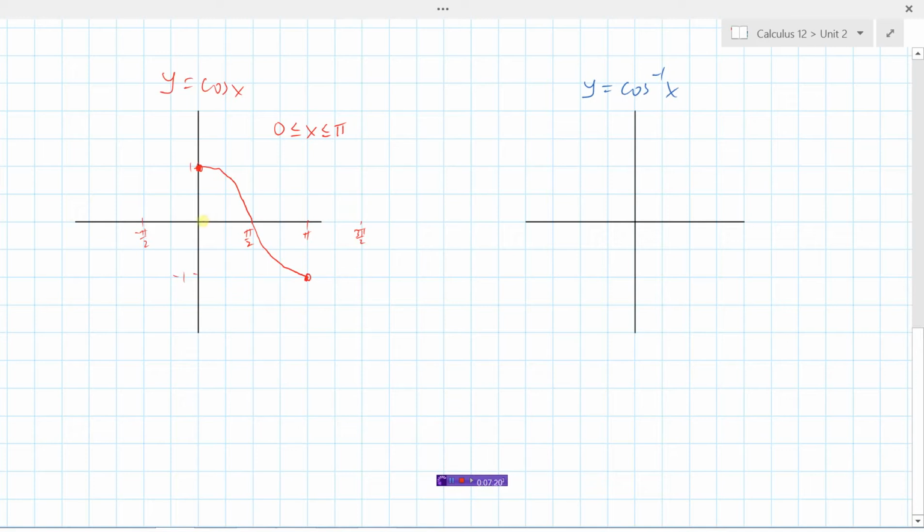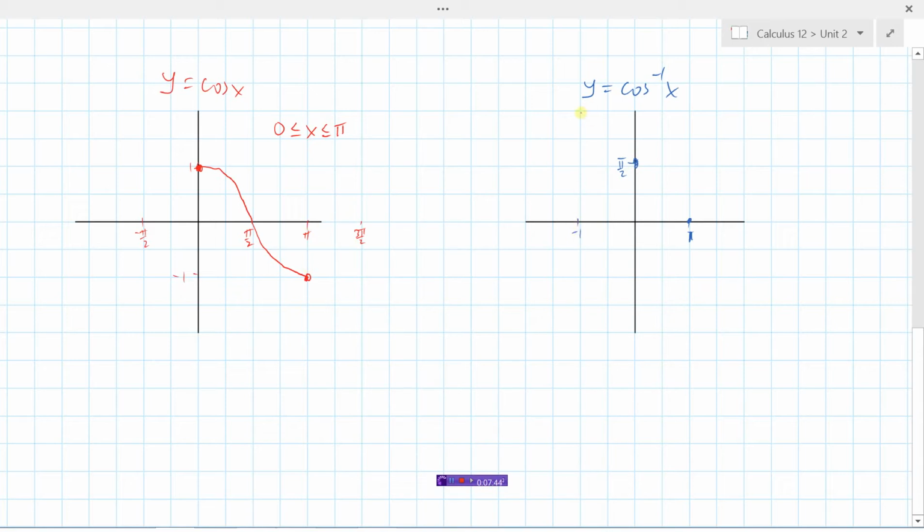This is the point 0, 1. So we will have the point 1, 0. This is the point pi/2, 0. So we will have the point 0, pi/2. And this is the point pi, -1.